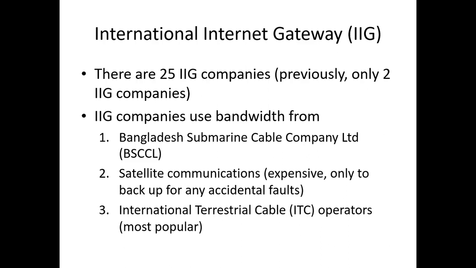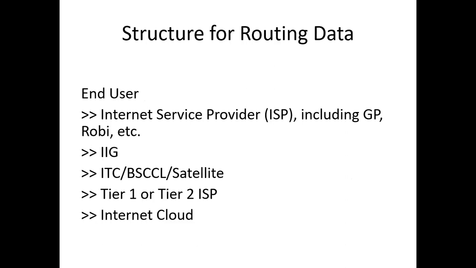So the IIG is connected to the internet cloud, but how is it connecting? For this connection, there are three different choices of medium. Through this medium, it is connected to tier 1 or tier 2 level ISPs.